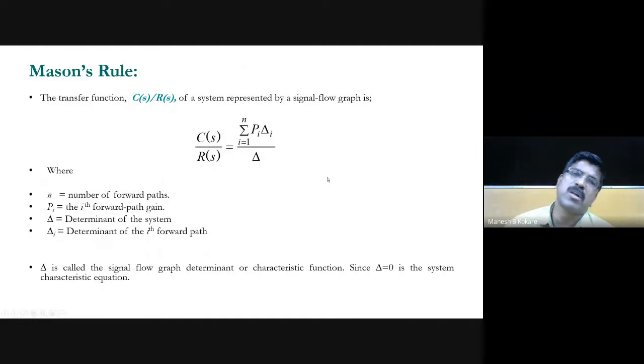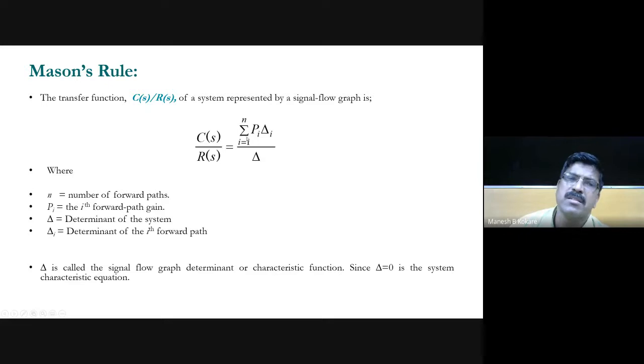Now, this is the overall Mason's gain formula to find out the transfer function. You know that the transfer function is the Laplace transform of the output variable to the Laplace transform of the input variable. The output variable is C of S, and the input variable is R of S. So C of S over R of S can be directly given by summation, in the numerator, over 1 to n of P_i delta_i, divided by delta.